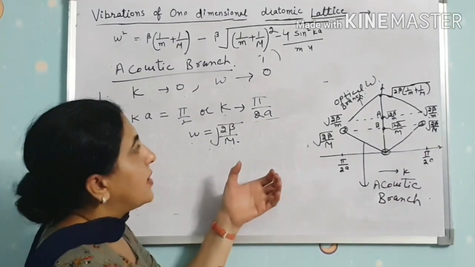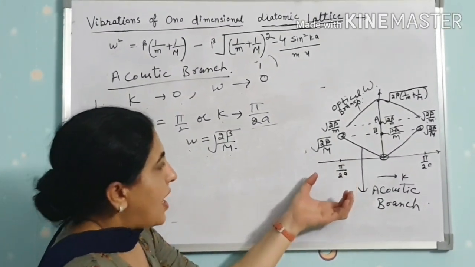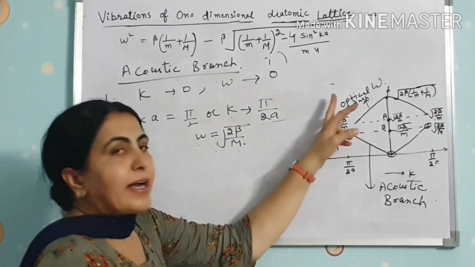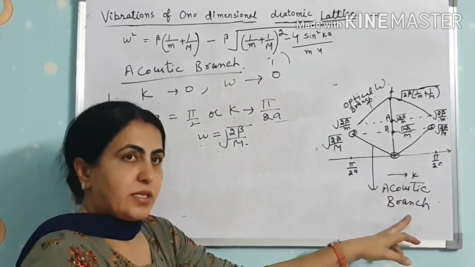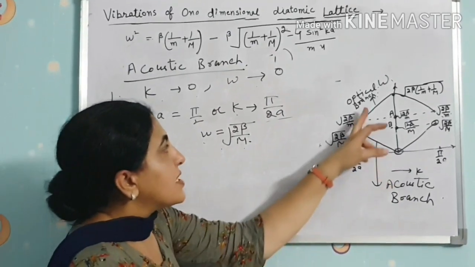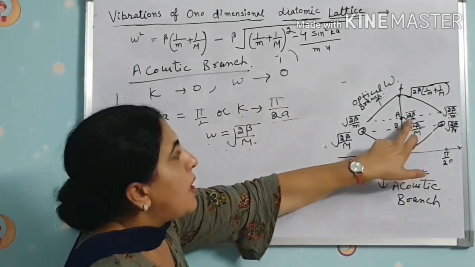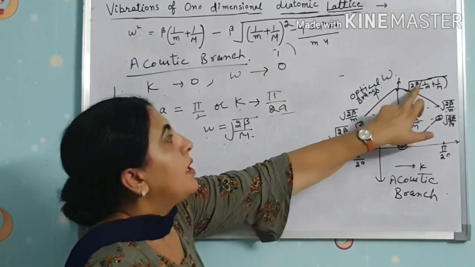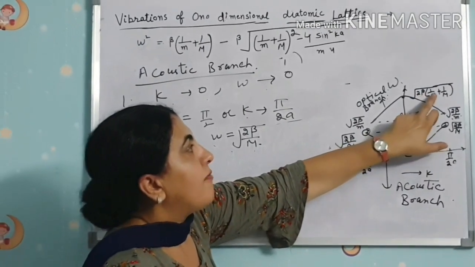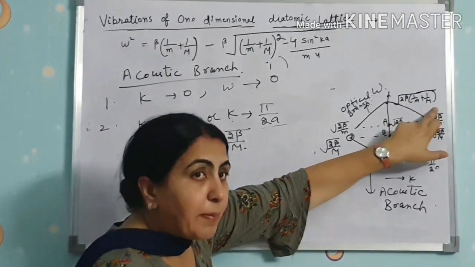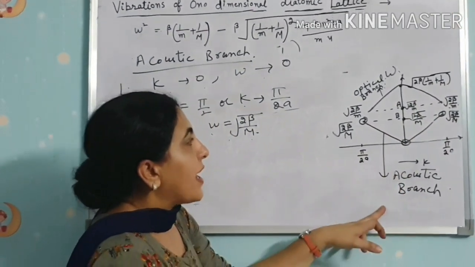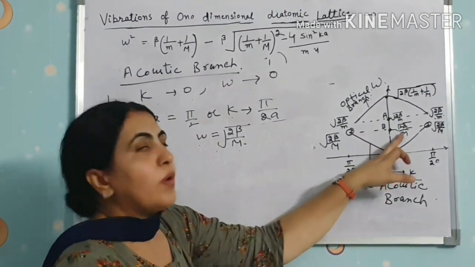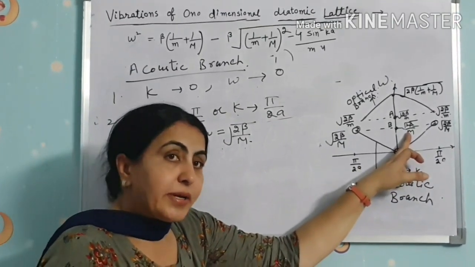The frequencies are distributed in two branches: one is the optical branch and the second is the acoustic branch. The allowed frequencies for the optical branch are from under root 2 beta by m to under root 2 beta (1 over m plus 1 over capital M), and for the acoustic branch the frequency range is from 0 to under root 2 beta by capital M.